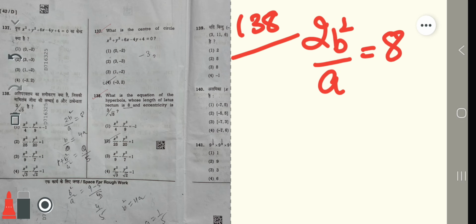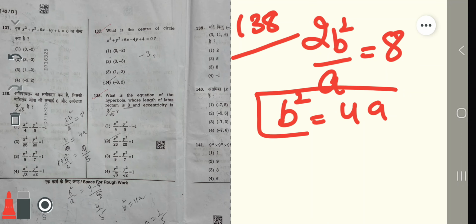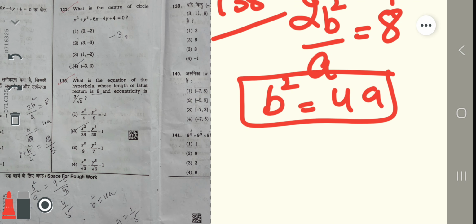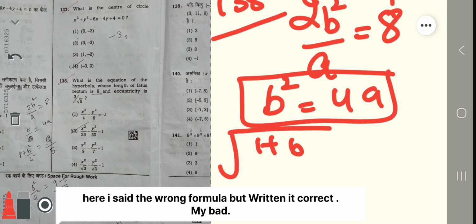It is 8. So from here we get b square equal to 4a, right? How? This will cancel and 4 will, so 4a को इधर ले गए, right? And now eccentricity is given, and we have the formula for eccentricity, which is root of 1 plus b square by a square equals e, that is 3 by root 5.